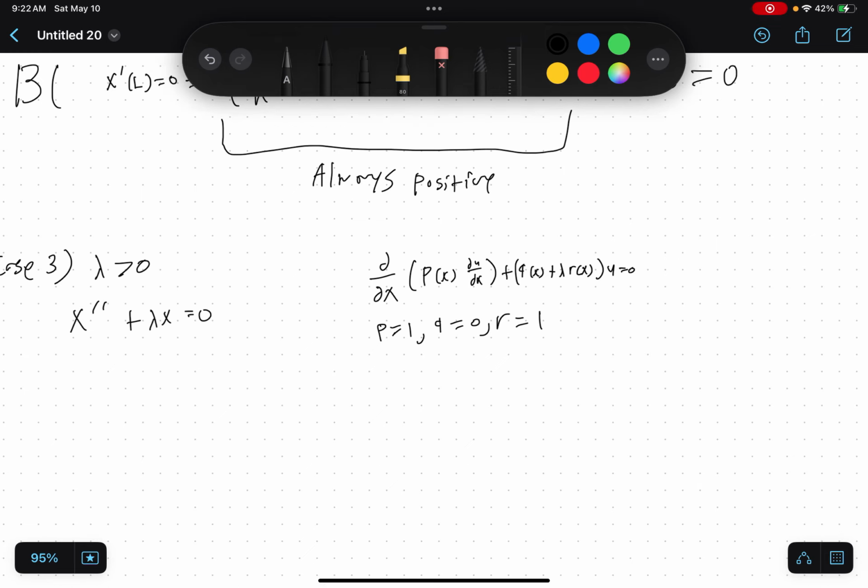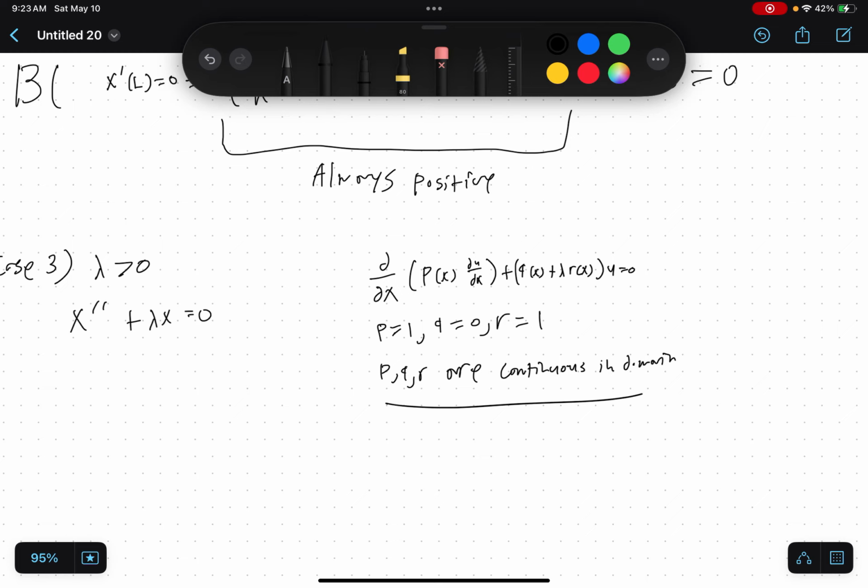And then because they're continuous in the domain, because they're literally a set number, we can do Sturm-Liouville.